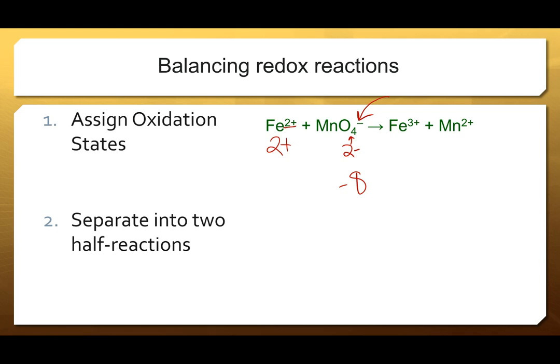That is not a neutral compound, so it does not equal 0. So -8 plus what would give me a -1? The oxidation state on manganese must be 7. So this guy is a +7.